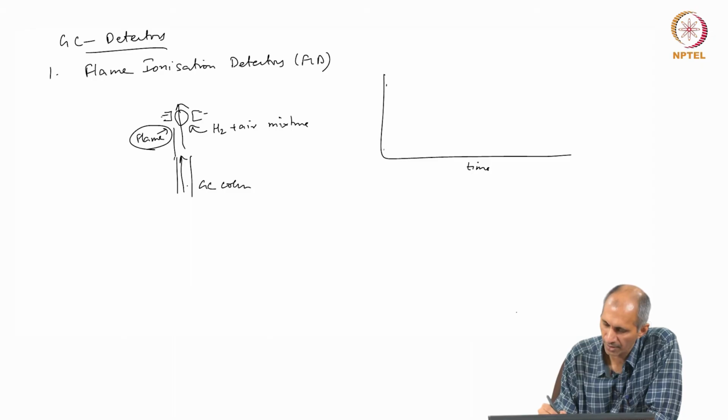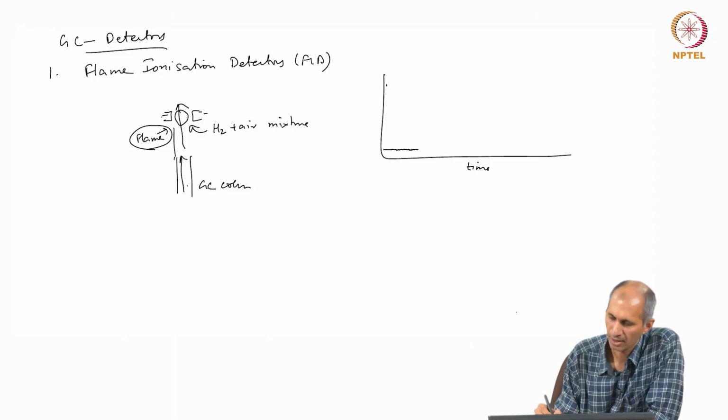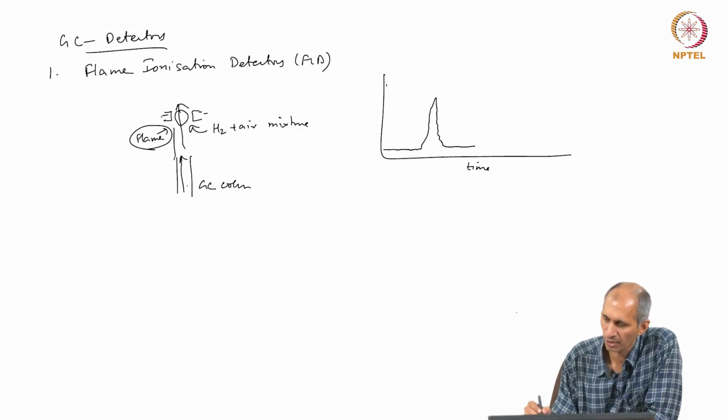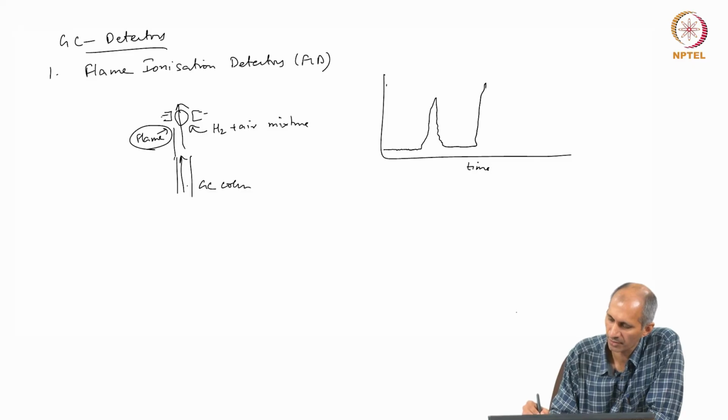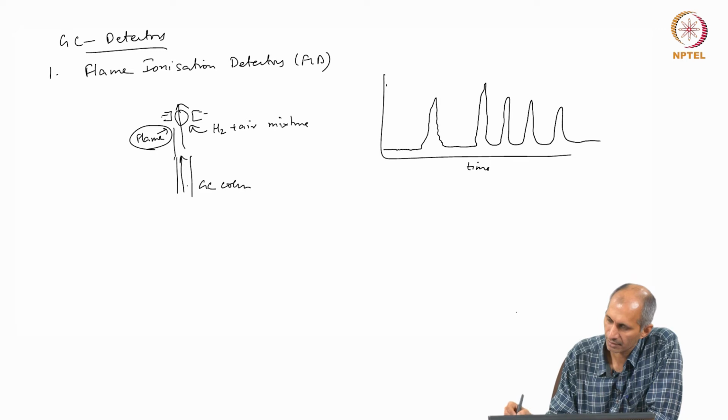You may have a baseline, where only the carrier gas is going in. When you have a sample, the signal may go up like this and it may come down. This is a signal for one particular compound. You may have multiple compounds, each one coming one after the other.